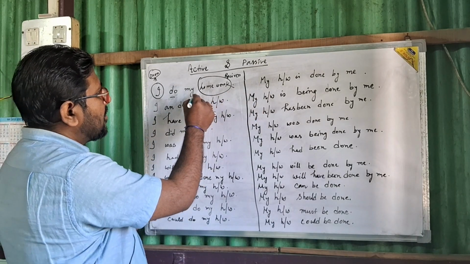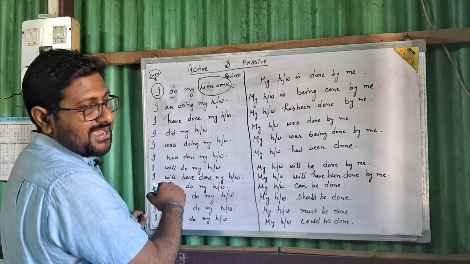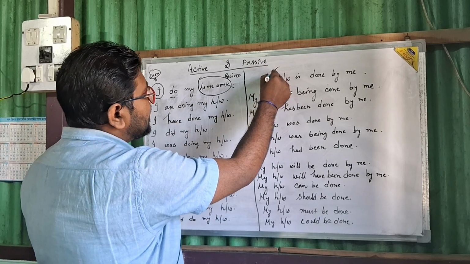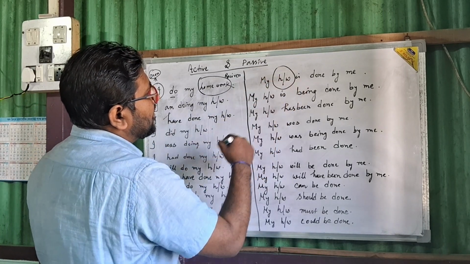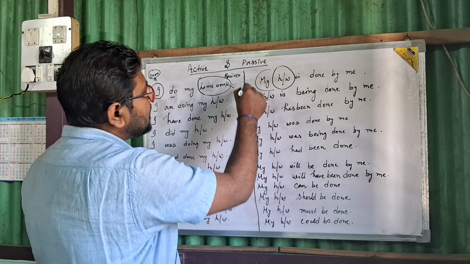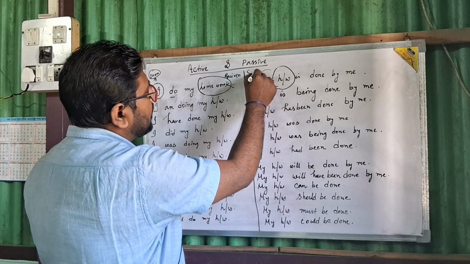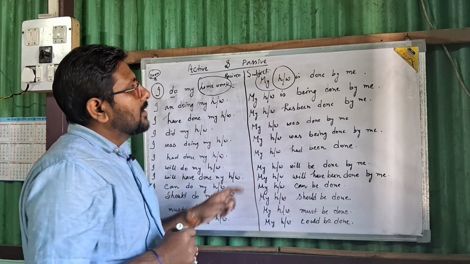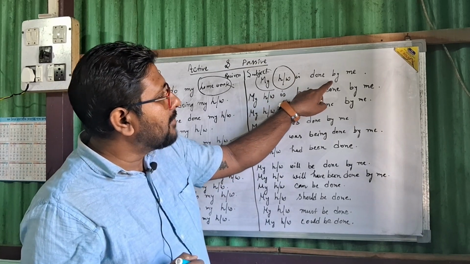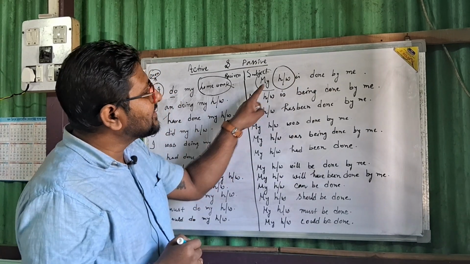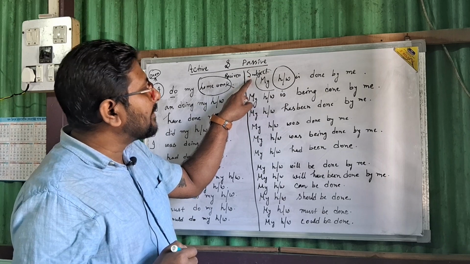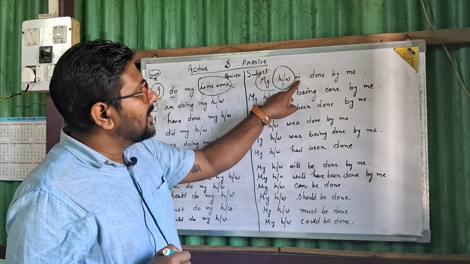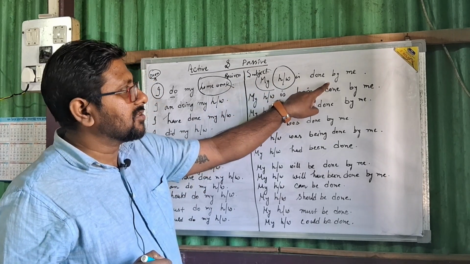So this, my homework, whatever object I had here, I will put this as my subject. My homework, now it's the subject. "Is done by me." So when I say "is done by me," that means the subject is receiving the action.